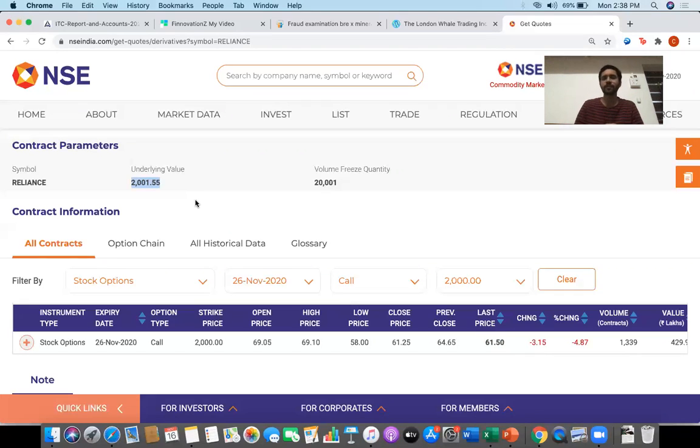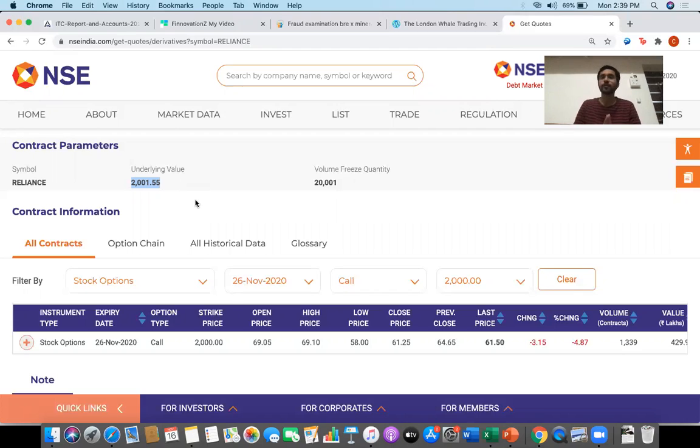On 26th of November, the share price can go either up or down. Hypothetically, assume an upside factor U of 1.1 and a downside factor D of 0.9. So this 2000 today can have a future spot price of 2200, or a future spot price of 1800 on 26th of November 2020.